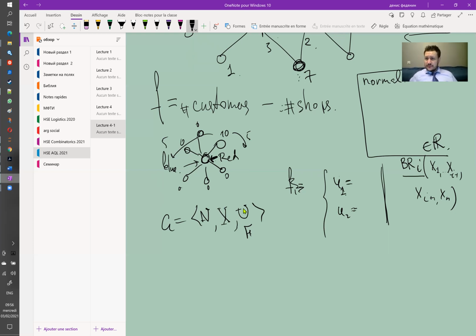Okay, best responses. And the Nash equilibrium is a way of calculating here. So if we have the system of best responses, then all solutions of this system are Nash equilibria. This is the property.